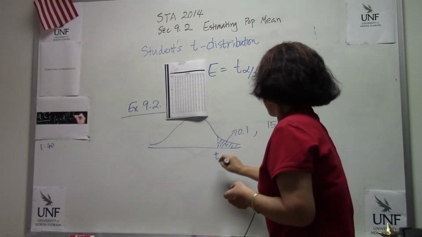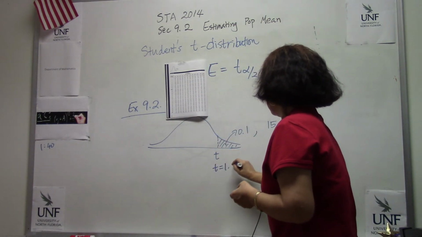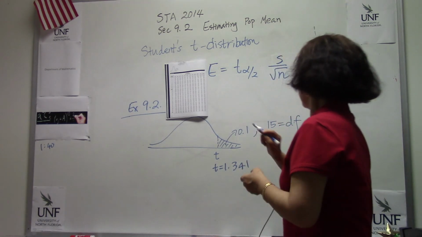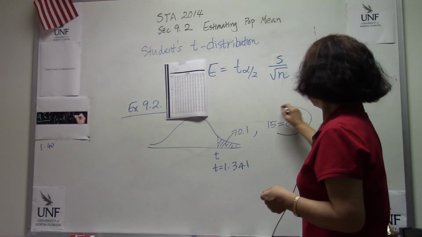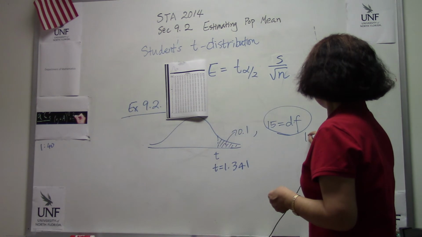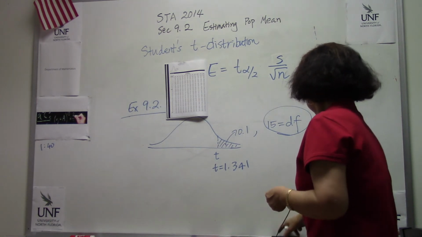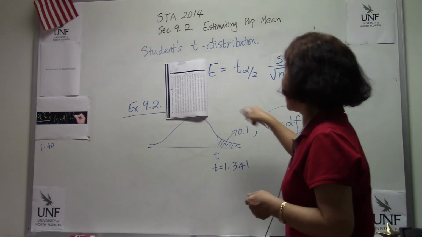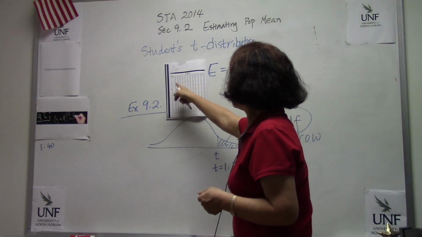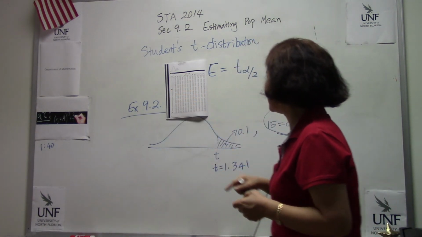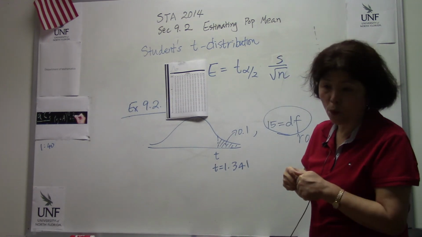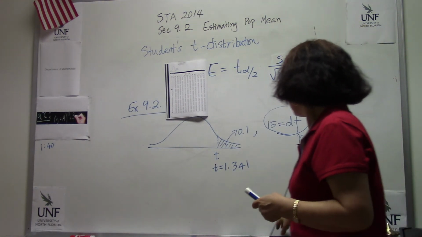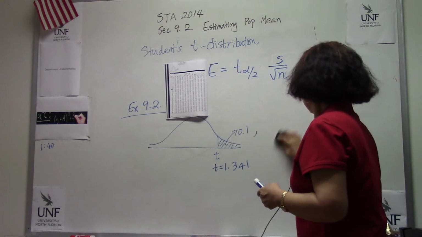So this t value turns out to be 1.341. You pick the correct row and then move along the column until you see 0.1. That is 1.341.